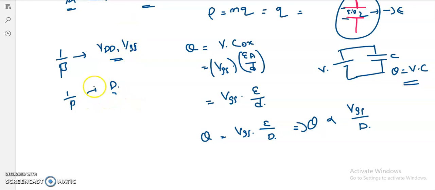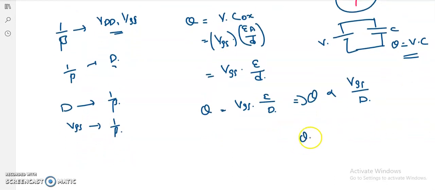So here, D, the thickness of the silicon dioxide, is going to be scaled by 1 divided by beta, and VGS is also going to be scaled by 1 divided by beta.